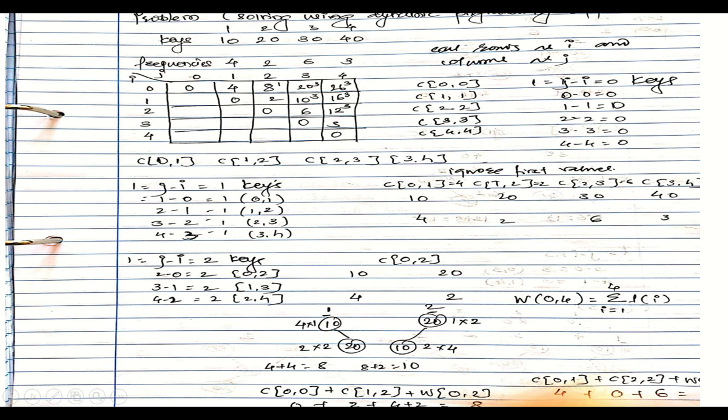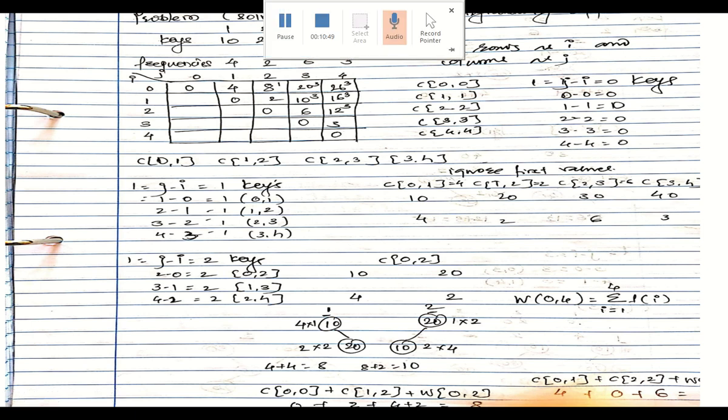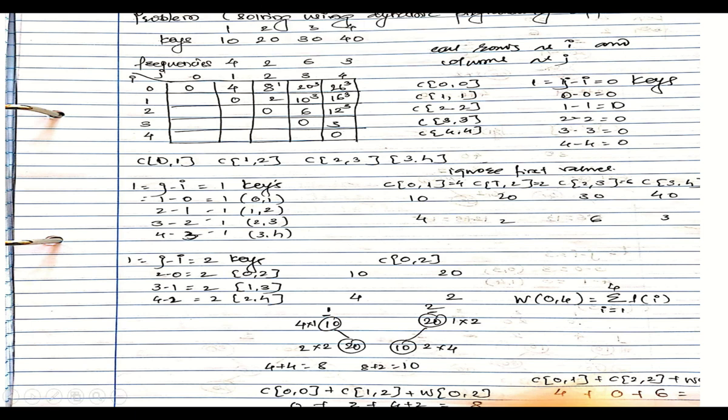That is, 0 minus 0 is 0, 1 minus 1 is 0, 2 minus 2 is 0, 3 minus 3 is 0, and 4 minus 4 is 0. That's why all diagonal values of mine are zeros. So this is how I'll be able to find out the diagonal values.